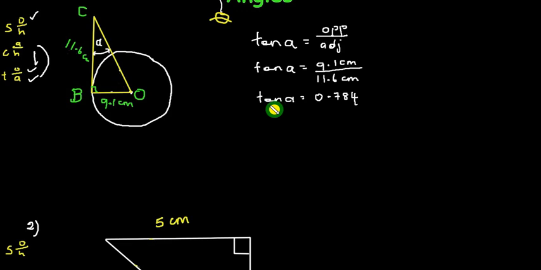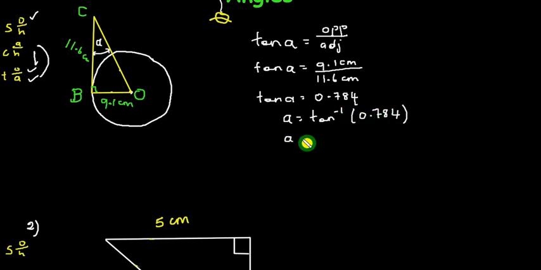Now we wish to find this angle alpha, but we have tan. So we have to get rid of tan. We get rid of tan by multiplying both sides by tan inverse. If I multiply tan inverse by tan, the result is 1. So all we'll have remaining is alpha is equal to tan inverse of 0.784.